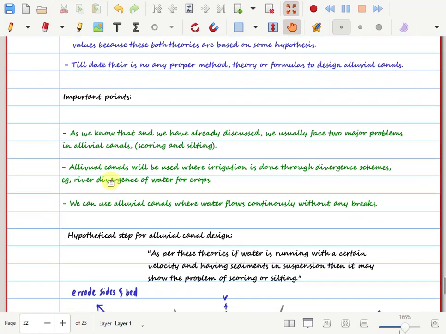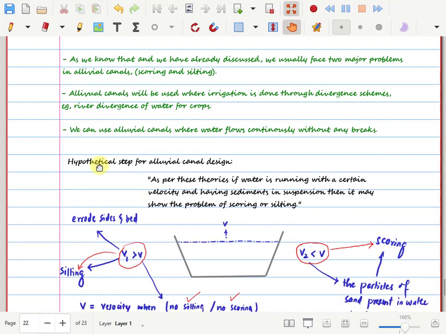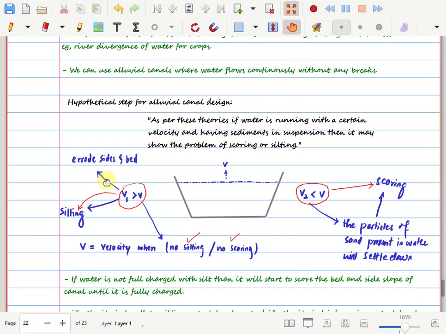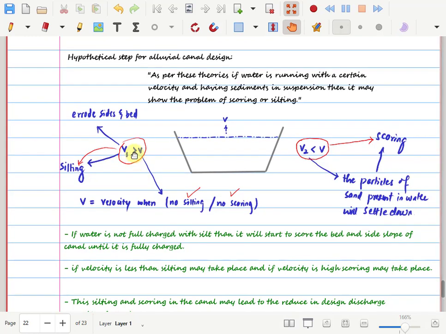Okay, then we discussed a few more important points to find out whether there is silting or scoring. If your velocity is equal to V, it is a no silting and no scoring condition, and this is known as stable condition, right?